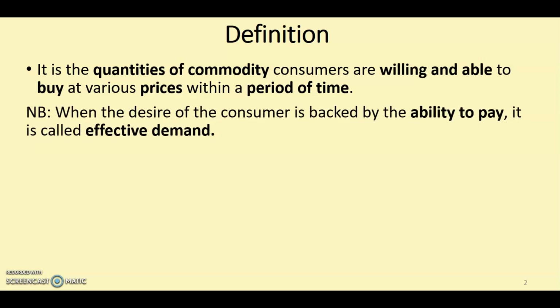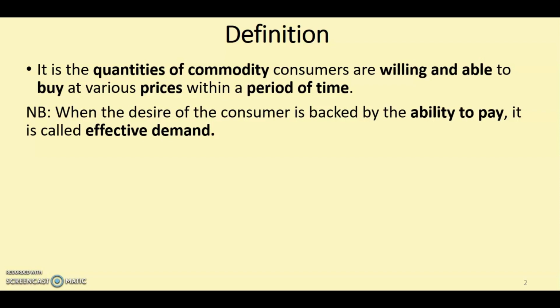Now, to the layman, they understand demand to be one's desire or one's wants. But then demand goes beyond your desire or your wants. That is your willingness and then your ableness to purchase a commodity within a given period of time. Now, I want my viewers or my students to know that when we talk about demand, we are referring to consumers and not producers or suppliers.